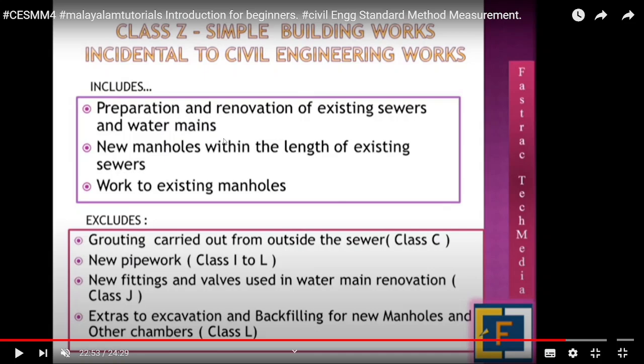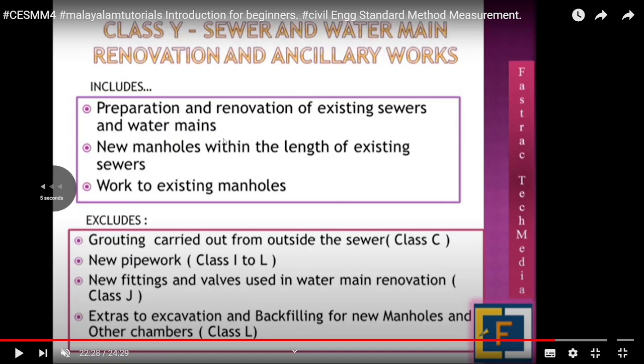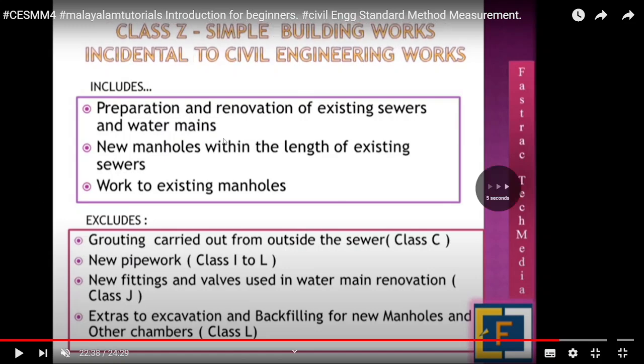A lot of people think that sewers and water mains are coming in class Y or X. We already saw that. It is not coming like that. So extras to excavation and backfilling for new manholes and other chambers, class L.